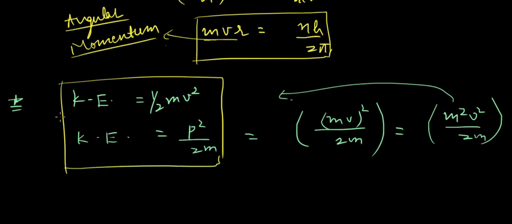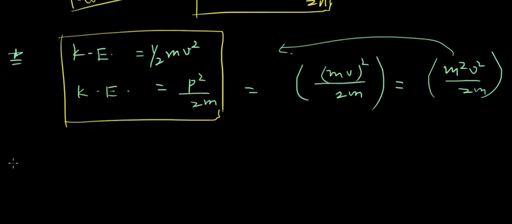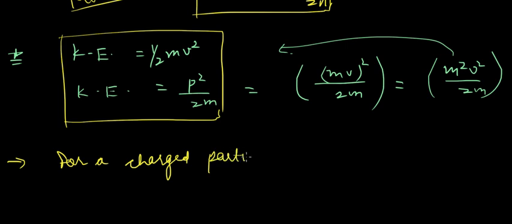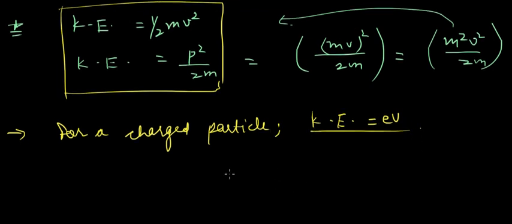Okay, now for a charged particle, we can have kinetic energy as eV, electron volts.